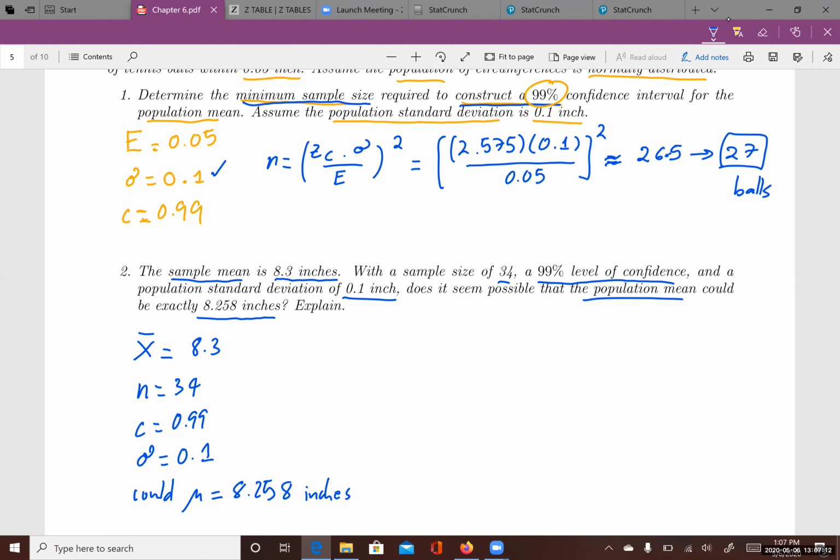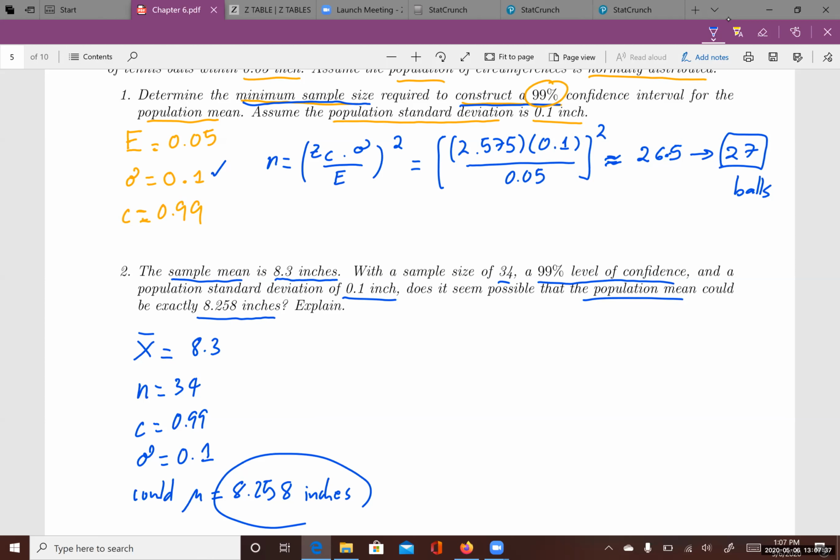How to answer this question? In order to answer this question, we need to calculate the confidence interval. And if the confidence interval contains this value, that means it's possible. If the confidence interval does not contain this value, that means it's not possible for the population mean to be exactly 8.258.